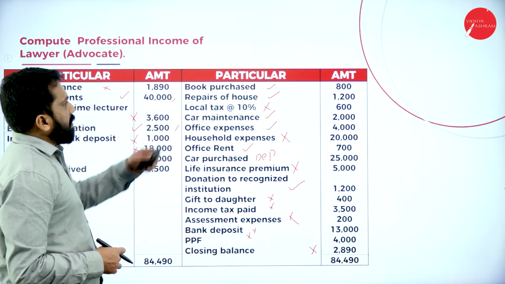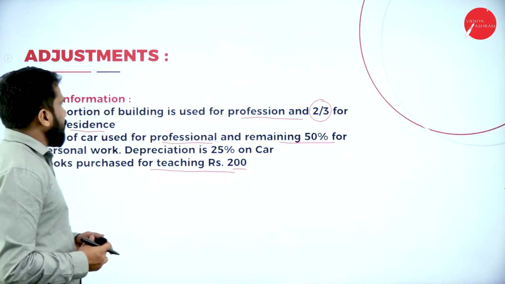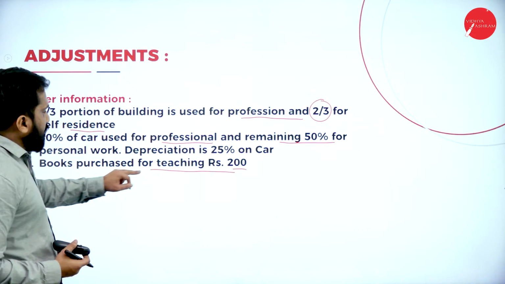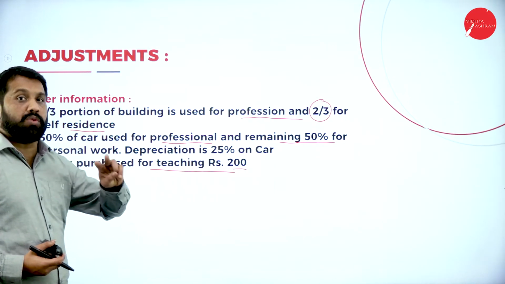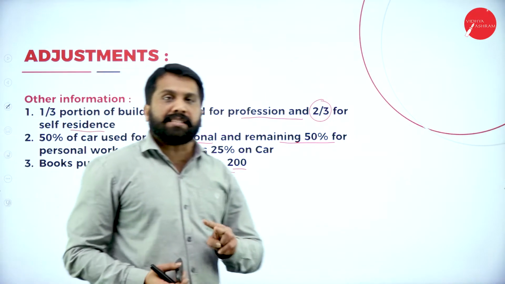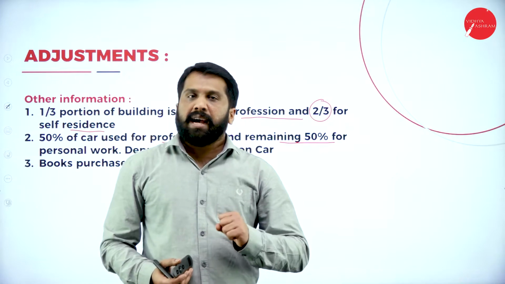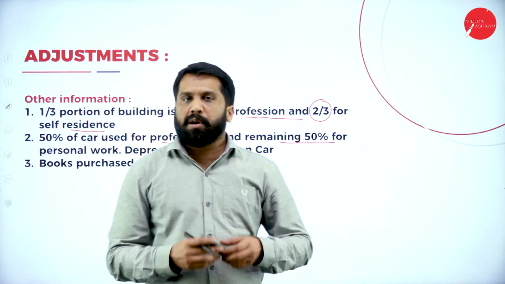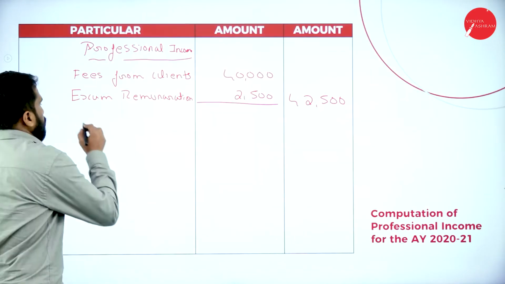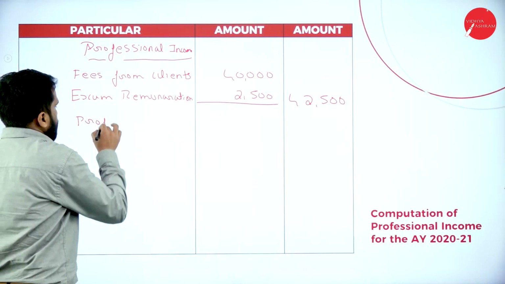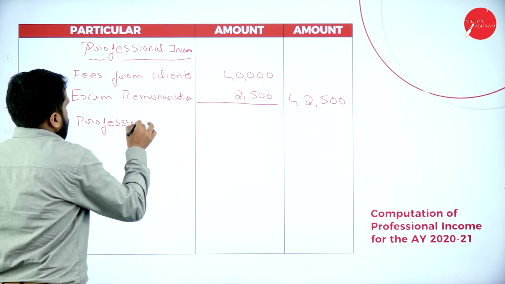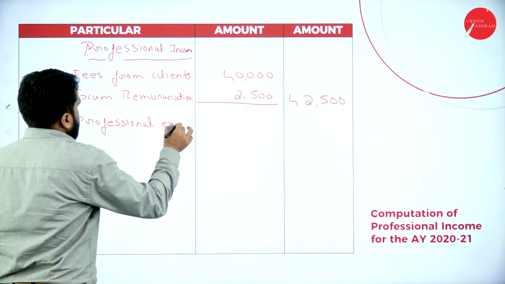Now, books purchased. Is there any adjustment? Yes. Books purchased for teaching is how much? 200. Teaching in the sense personal. And the balance 600 is what? Your professional books. Now, professional expenses.